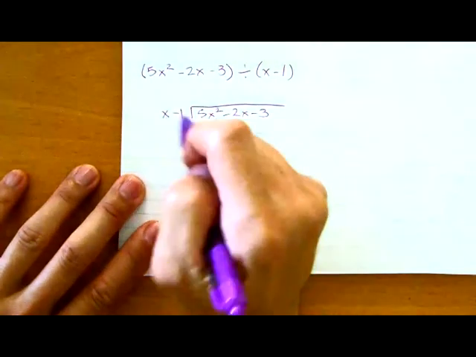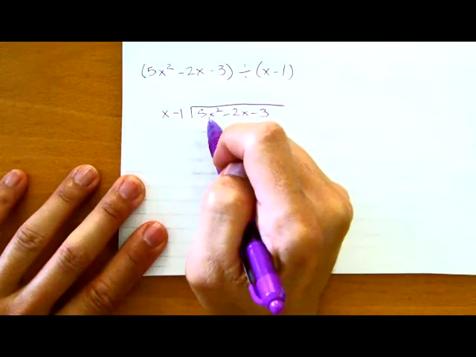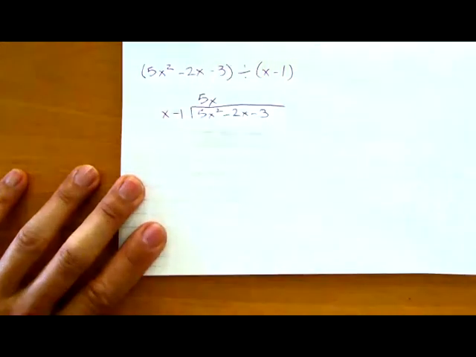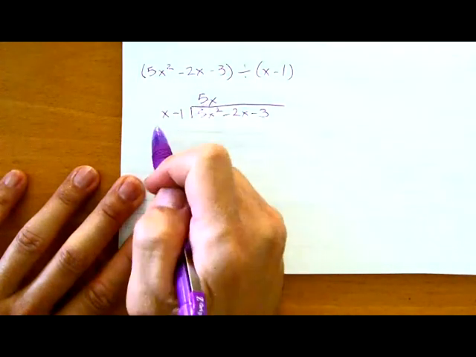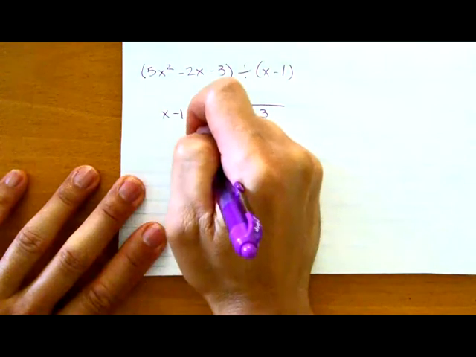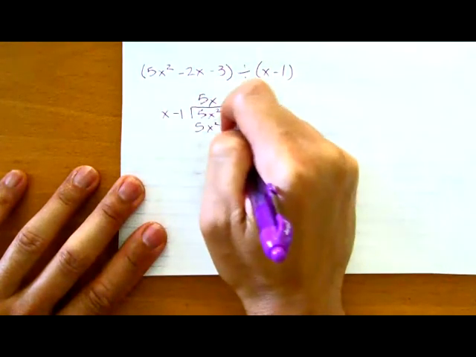Okay, something times x is 5x to the second. 5x. 5x we multiply to both terms. So 5x times x is 5x to the second. 5x times negative 1 is a negative 5x.